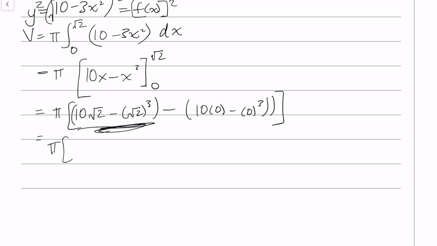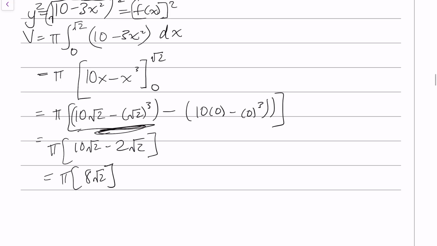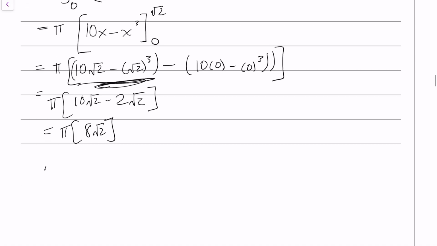So pi times 10 square root of 2 minus square root of 2 cubed: I'm going to have a square from the squared, but then I'm having an extra square root 2. And that gives me 8 square root of 2 left, and therefore volume equals 8 square root of 2 pi units.